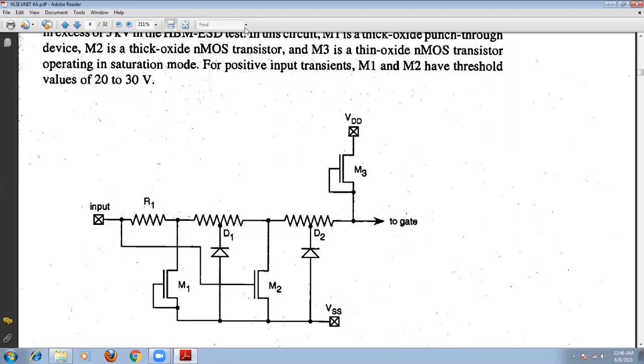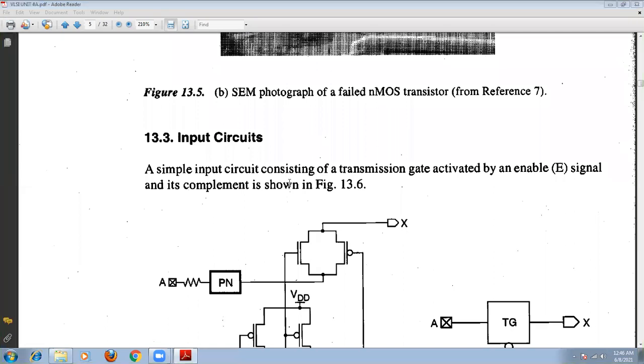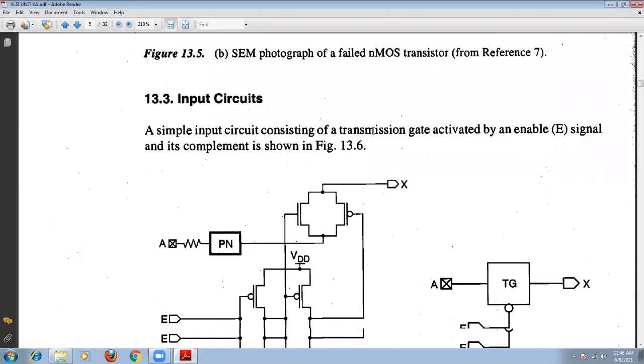Next, we have to concentrate on the input circuit. This is the simple input circuit, which consists of a transmission gate with an activated enable signal.